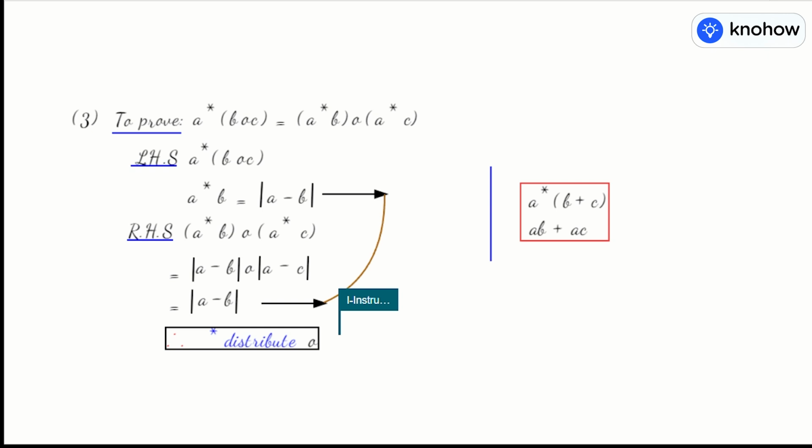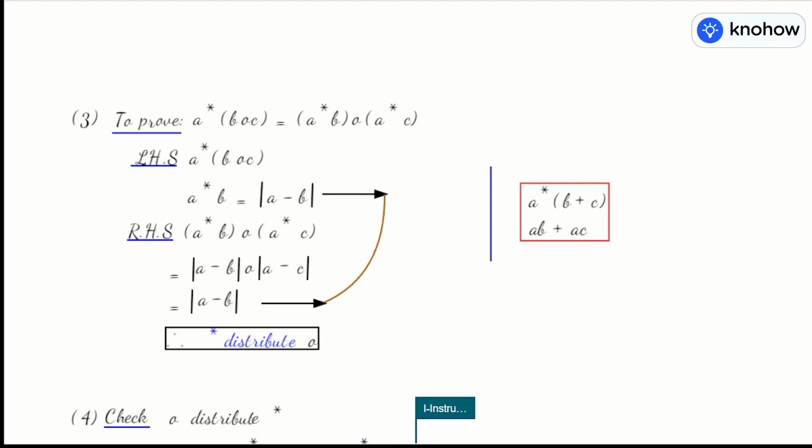And now finally we have to prove the fourth part. He says whether O distributes star or not. So finally we have to check whether O distributes star or not. Or in other words, I have to check AO(B star C), whether it is equal to (AOB) star (AOC) or not.